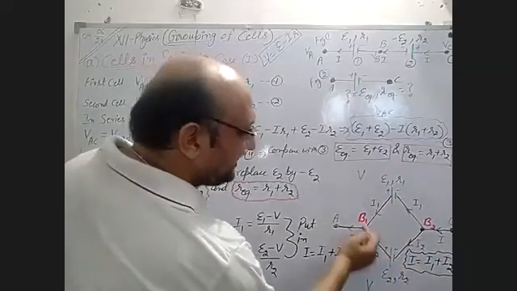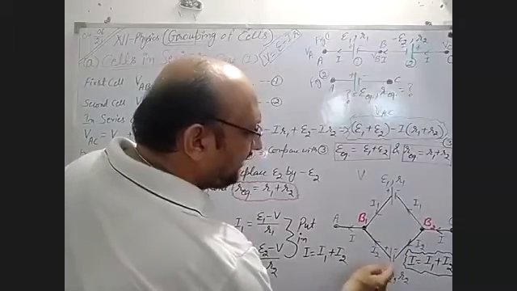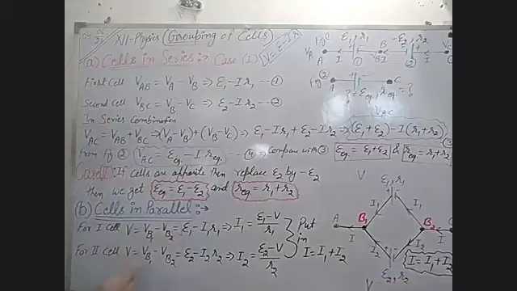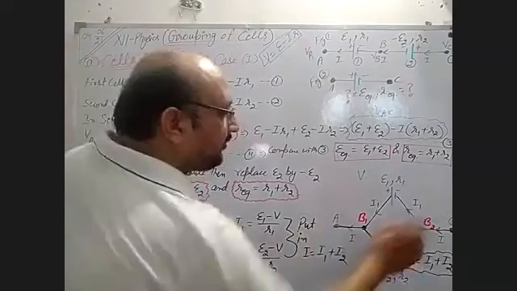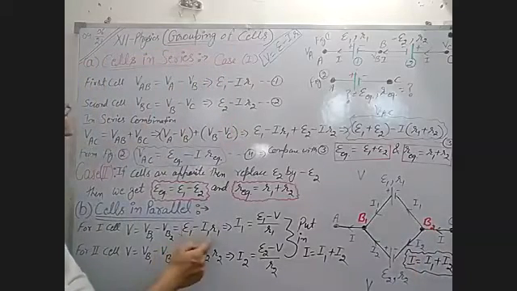Similarly, the same potential is E2 minus I2 into R2. Both equations you can write, because the potential difference at both points is the same.